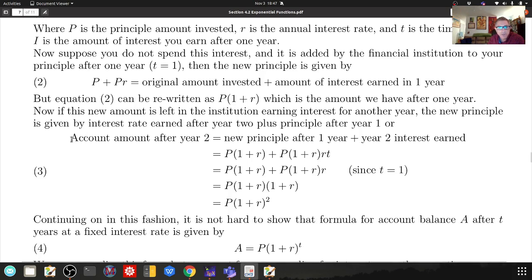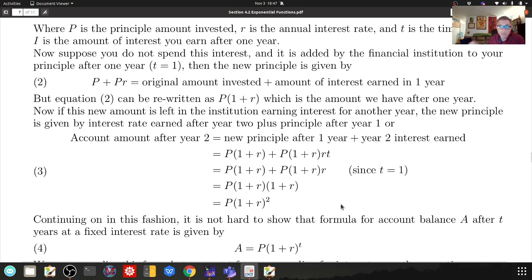That should say the amount in your account after year 2, because it's your new principal after the first year plus year 2 interest earned, which is given by P times 1 plus R. We get that from right here, plus this is my new principal times my rate times my time.